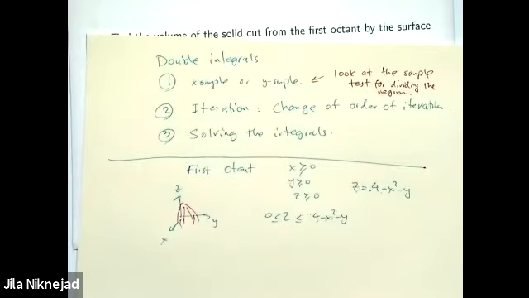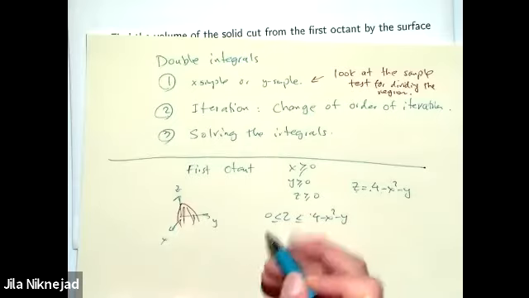So the height at any point on the xy plane is going to be 4 minus x squared minus y. The height of the solid at any point is given by that formula.